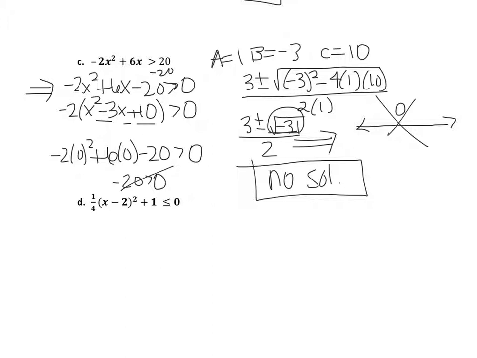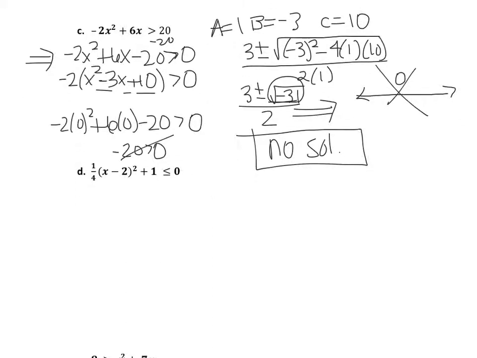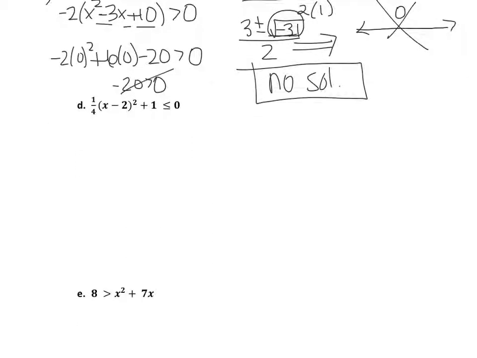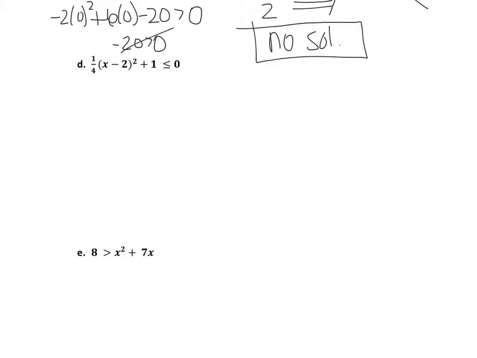Okay, so now moving on to D. What I'm going to do to solve this one, when you see them in this form, where you have something like a x minus 2 squared, I'm going to show you how we would solve that a different way using the square root property.